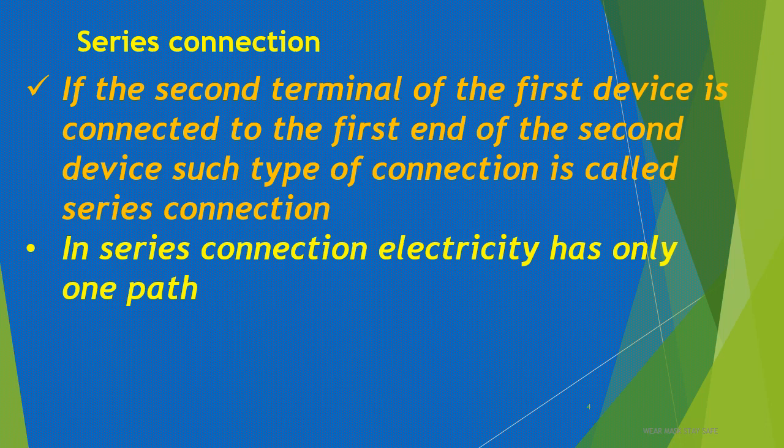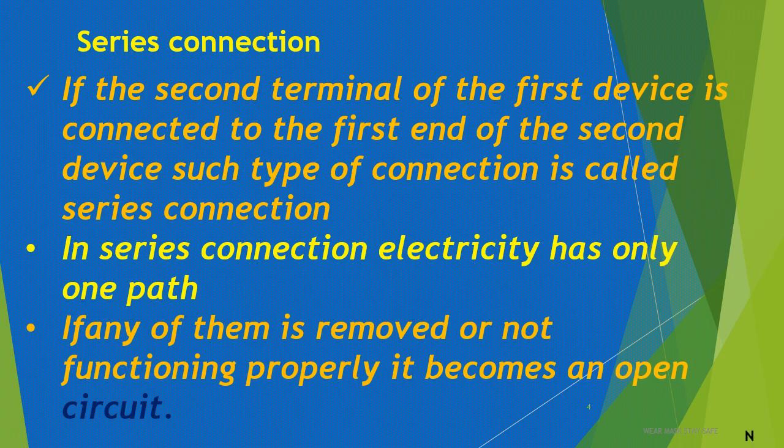The electricity has to pass in one single path. When you connect it, it is connected to the phase wire and neutral wire. There are two terminals in the plug. So one continuously will be connected, having a single path. So the connection will be only one single path.